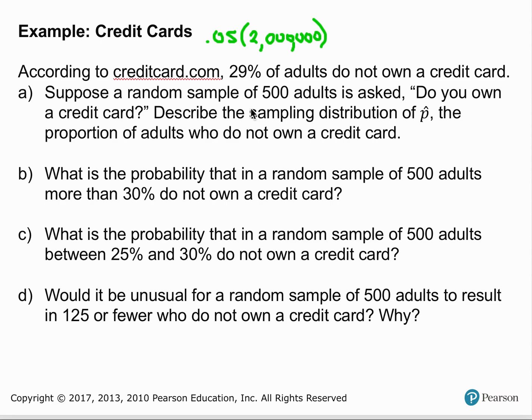Make sure I get the right number of zeros. Okay, so that is 100,000 people. So think about that. Is 500 less than 100,000? Oh yeah. On these sample examples that they're giving us, we don't really have to worry about that being less than 5%. It should be obvious that, oh yeah, that's way less than 5%.